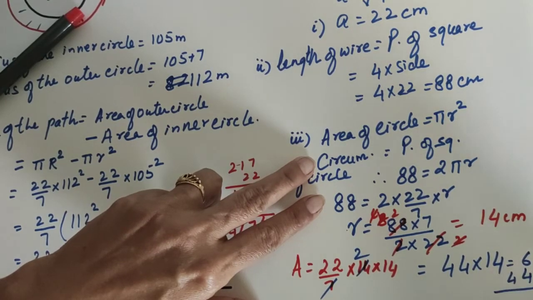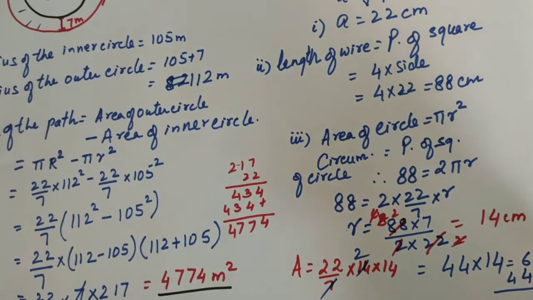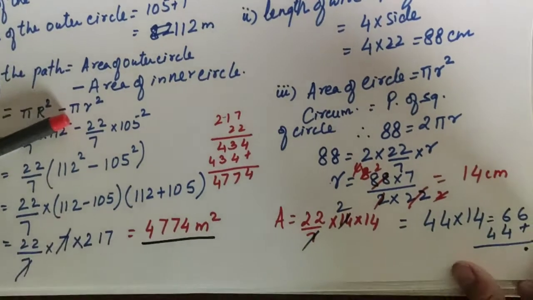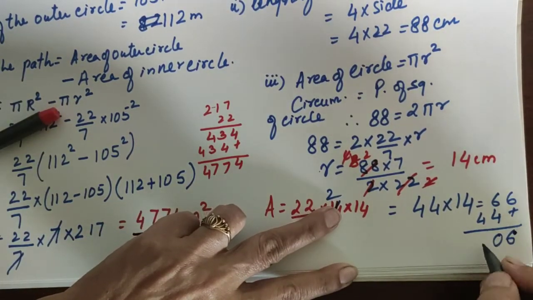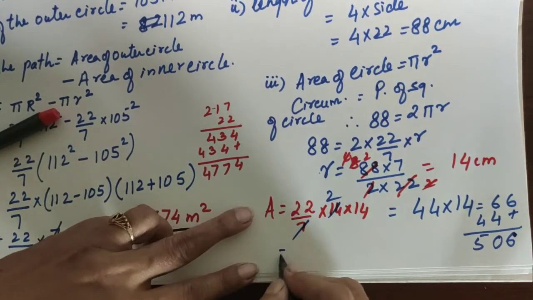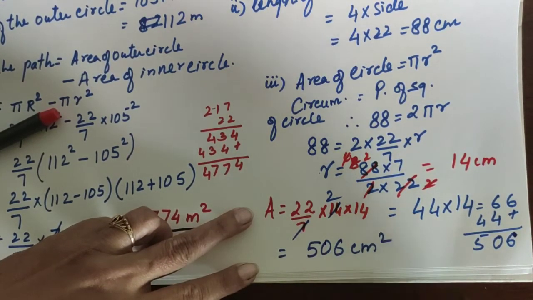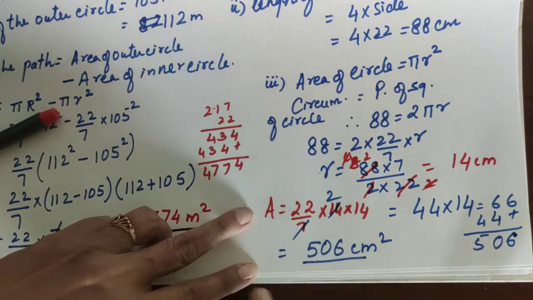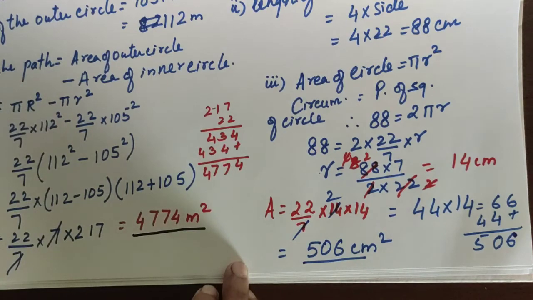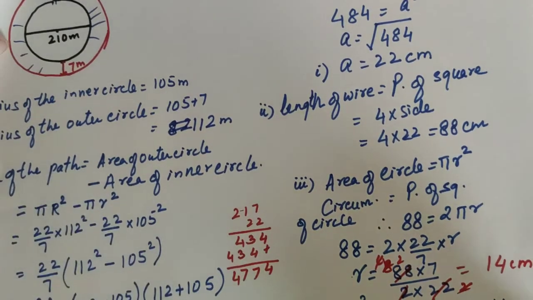So add, it gives you 6, 10, 0, 1 and 5. So your answer is 506 centimeter square. So this is the area of the circle. It means the largest area enclosed is 506 centimeter square.